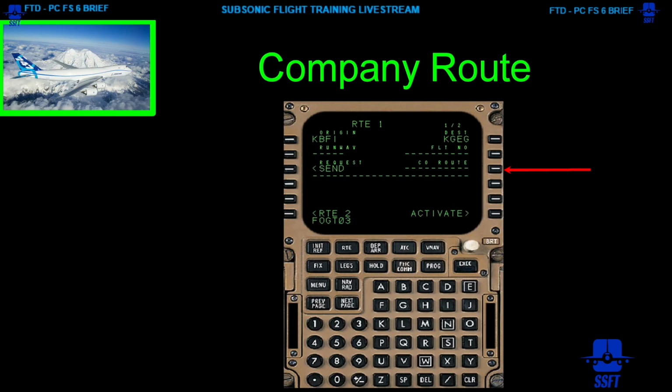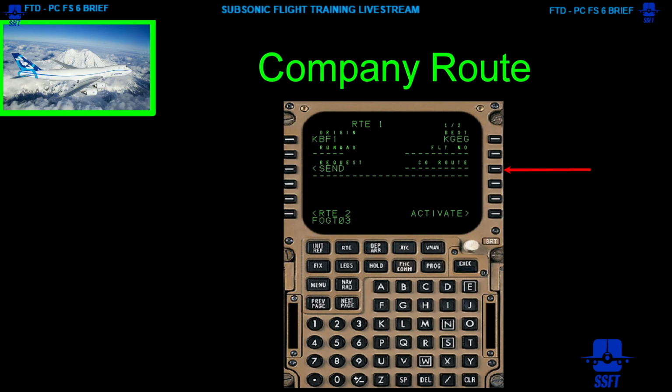But if an airline does have company routes, if they're a smaller airline, they might program them in there. And then they'll have some kind of identifier that would identify that company route, in this case from Boeing Field to Spokane. So in this case, our identifier was FOGTO3. And when you put that into the company route line, you'll notice it's a dashed line.